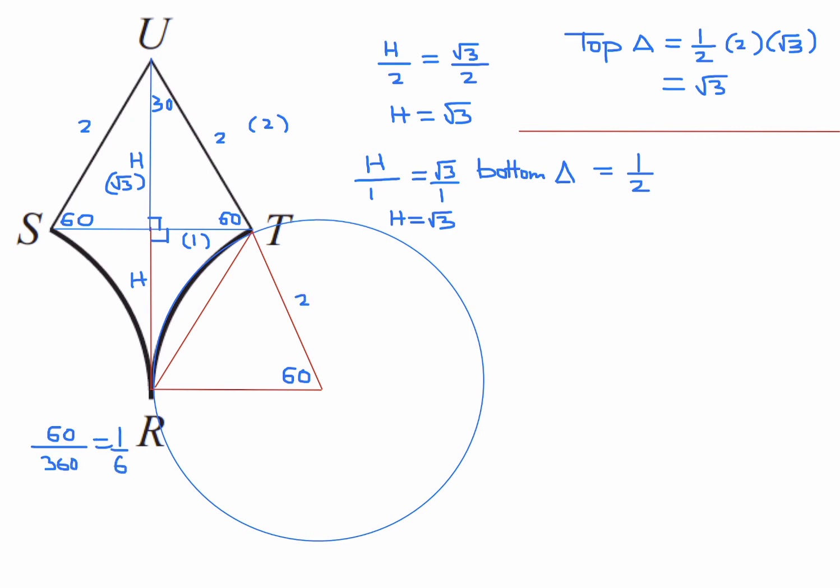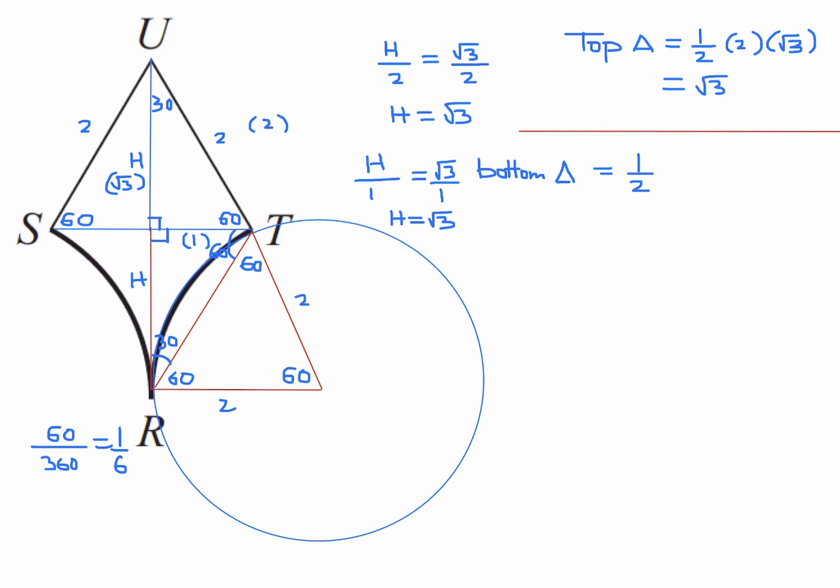And this is the radius, so they told me it's 2. That means it's isosceles, so this angle must be the same as that angle. So those two angles add up to 120, so each of those is 60. So if that's 60, then this is 30. So therefore this angle is 60, and again we've got a 30-60-90 triangle. So that's how I was able to get this right here.